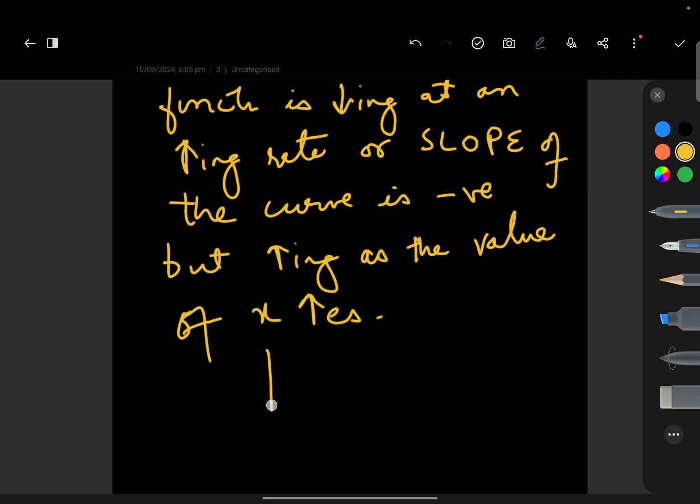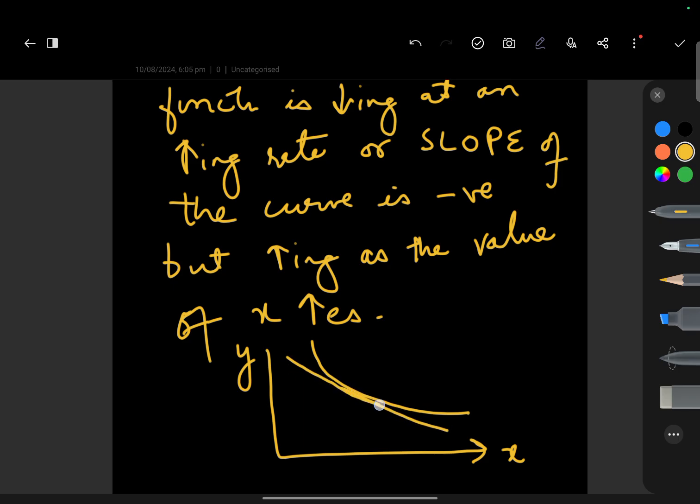So let us see graphically. This is y, this is x. How will it be? It will be like this, and we can draw the tangent. The tangent just touches this point. This is the function y is equal to f(x).